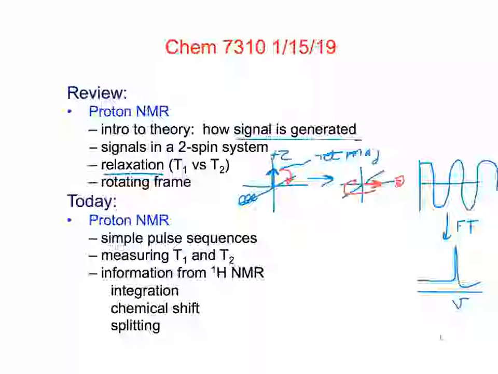There were 2 ways they could go back to equilibrium. One was called T1, and the other one is T2. T1 is essentially losing the signal in the Z direction, so it's just going straight back up into the Z. T2 was the loss of phase, so fanning out around in the XY plane.